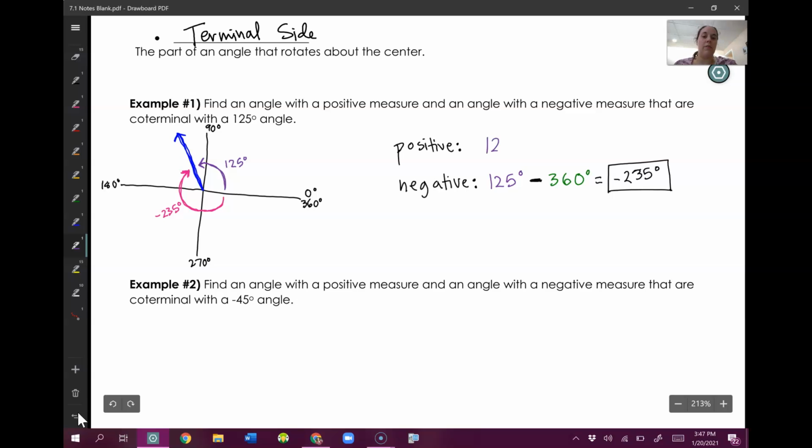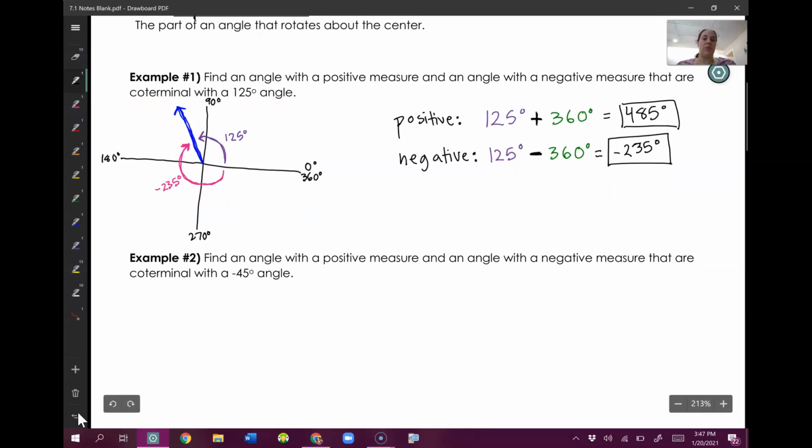So my positive one is going to be 125 plus a full circle, 360 degrees. If you put that into your calculator, you should end up with 485 degrees. So that is a positive angle and a negative angle that are coterminal with this one.